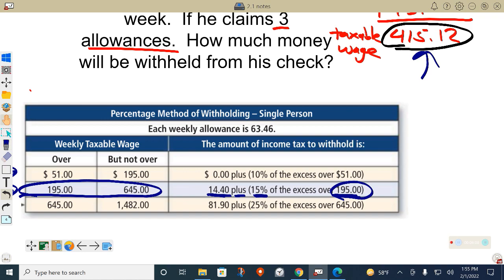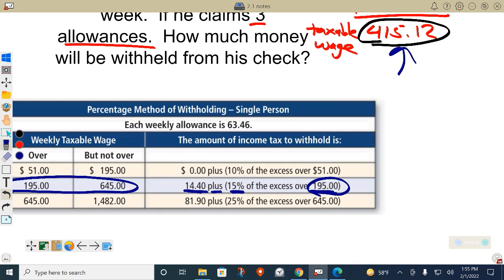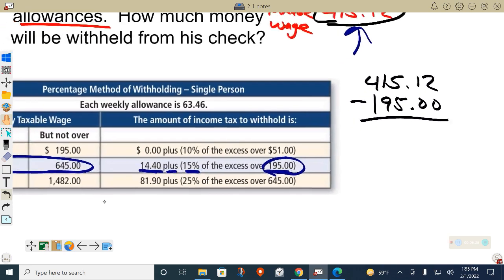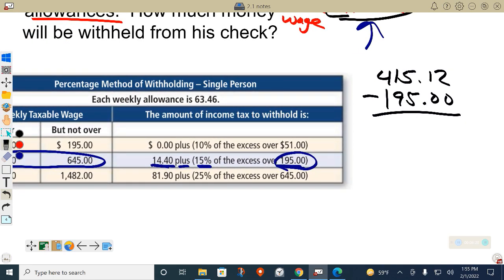Good, yeah, 415 and 12 cents minus 195. And this is going to tell me how much is the overage, what he's over. How much did he go over 195? And whatever that overage is, the federal government's going to take 15% of that.